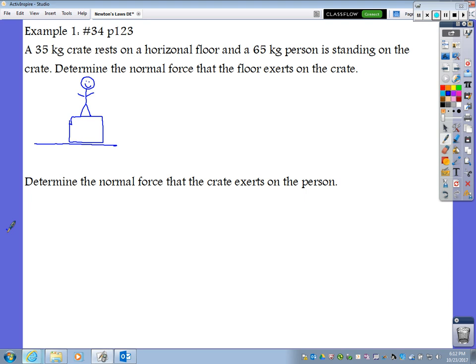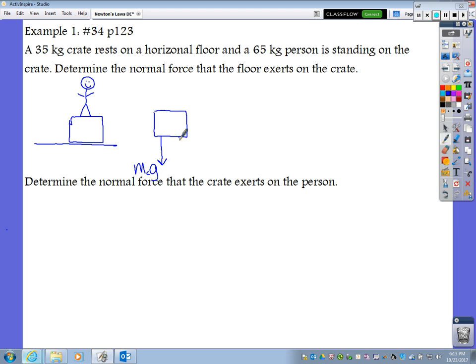So the forces on the crate. If we draw the free body diagram, all the forces are up and down. There's no horizontal forces. We've got gravity, but now we have to be specific. This is the gravity, the weight of the crate itself, mass of the crate times g.